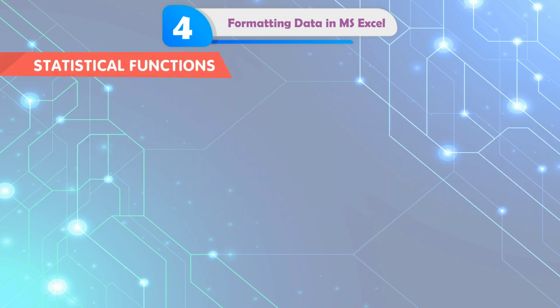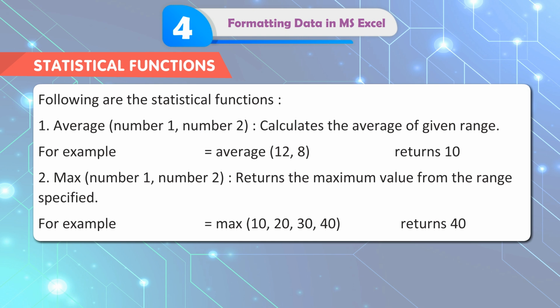Statistical functions. Following are the statistical functions. 1. AVERAGE(number1, number2) calculates the average of the given range. For example, =AVERAGE(12,8) returns 10. 2. MAX(number1, number2) returns the maximum value from the range specified.